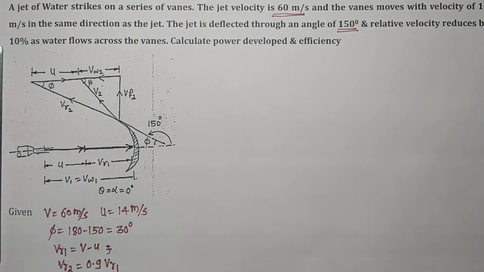So 10% reduction is nothing but 90%. 90 divided by 100 results in 0.9 of VR1. So these are the given conditions related to this numerical.